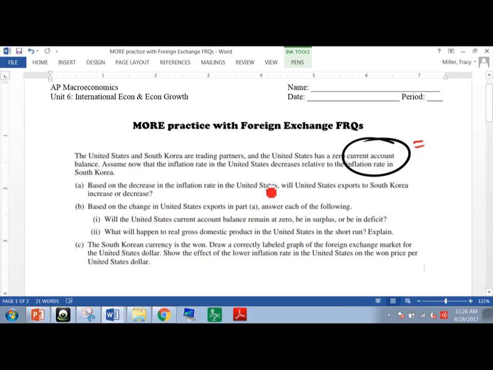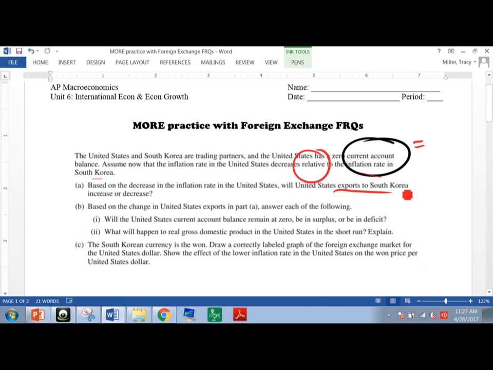Assume that the inflation rate in the United States decreases relative to the inflation rate in South Korea. So why is this relevant? It has to do with things being less or more expensive for a trading partner. If the United States has a price level that is lower relative to South Korea, then exports to South Korea will increase.